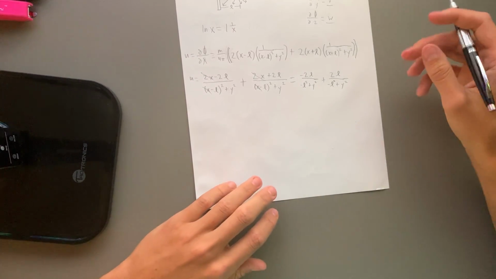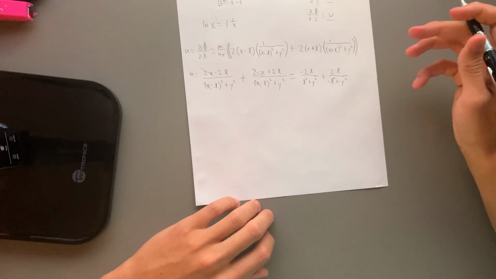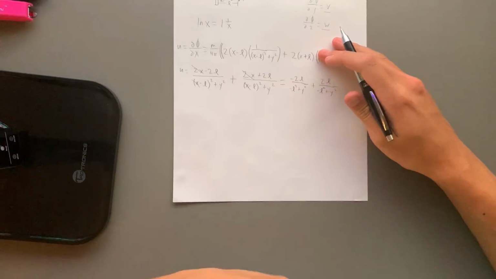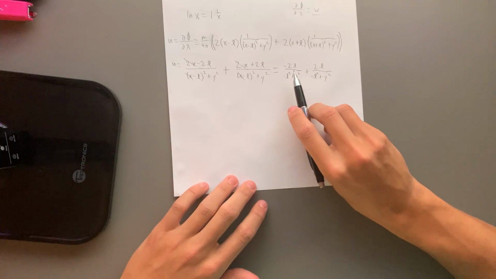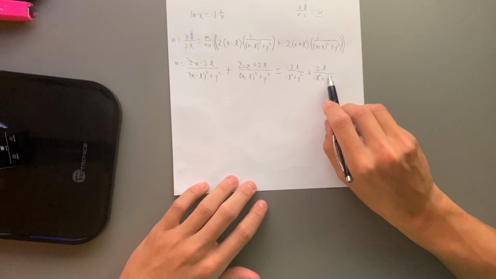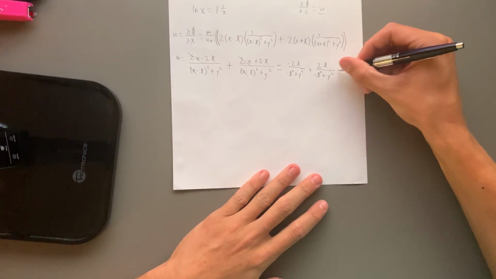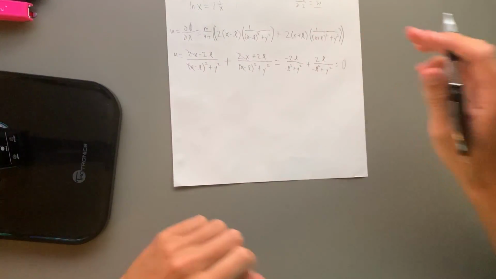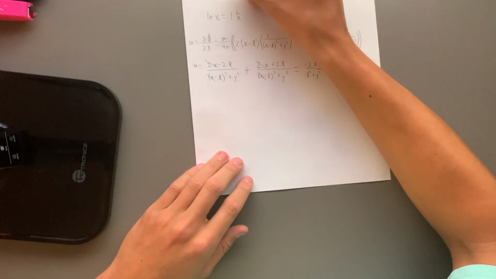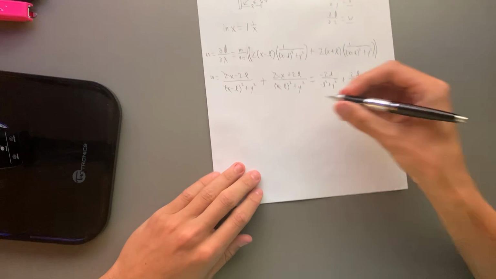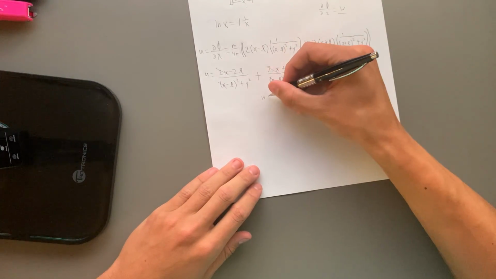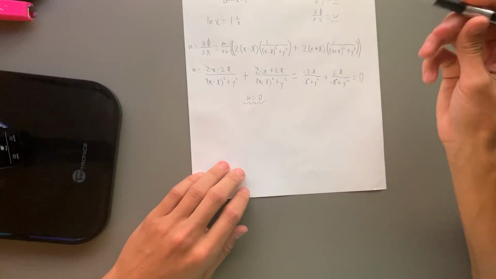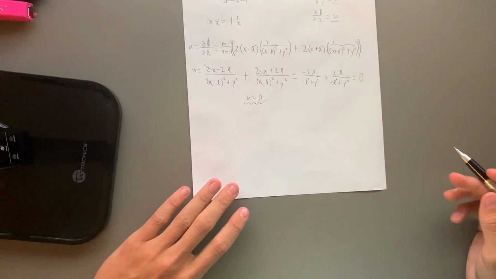So as we can see, we still have some variables in here, but if you look closely, it doesn't matter because they're exactly the same. It's negative 2L plus 2L. So those cancel out and they equal 0, which shows us that there's no fluid velocity at our point here against the wall. So this shows u equals 0. There's no flow through the wall, of course.